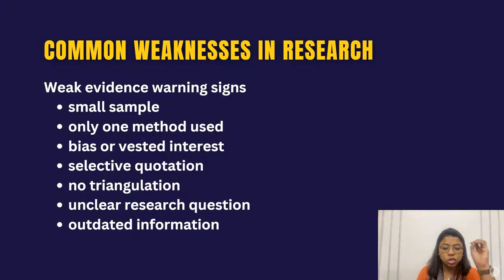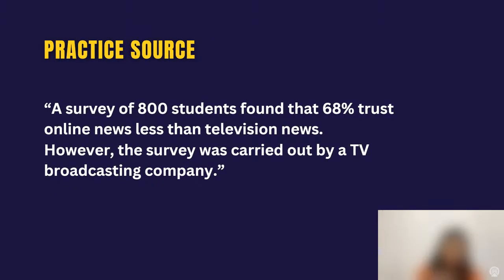Write it over there: it's a small sample, only one method is used, it's bias or vested interest, selective quotation, whichever fits the label, you can use it. Once you're done annotating these things in your insert, you get clarity in actually figuring out what you need to do next.